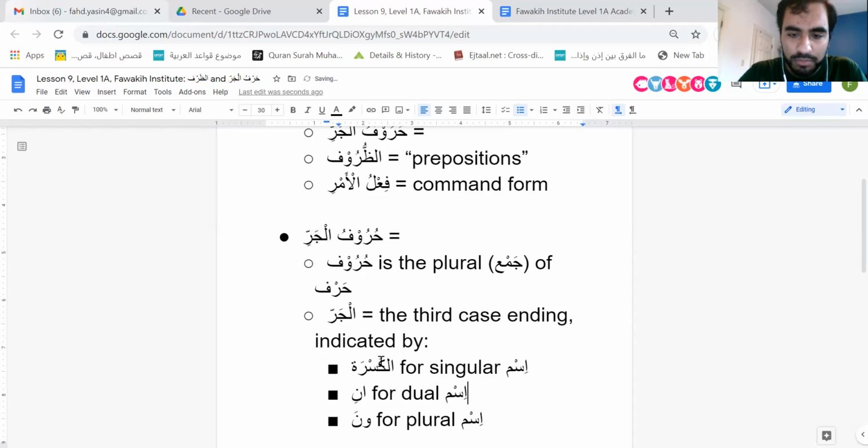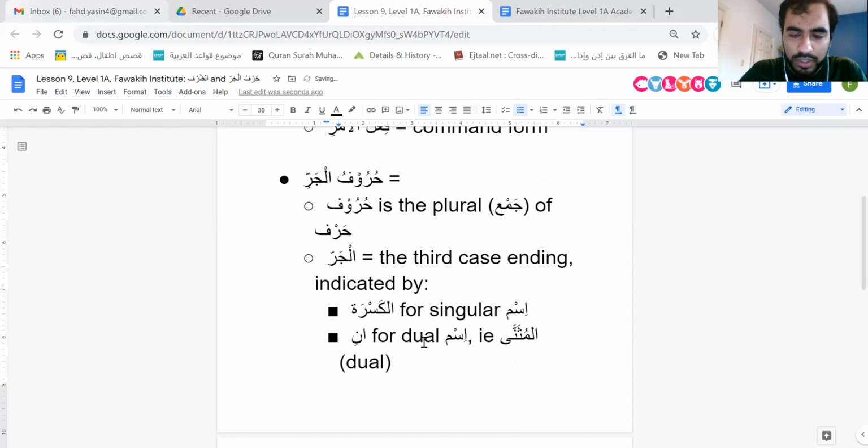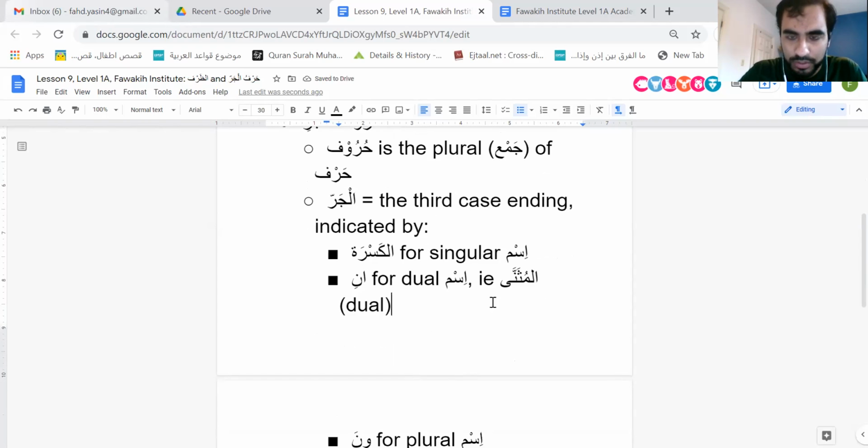Okay. And I'm going to put down here, i.e. al-muthanna. I'm not sure if you've been introduced to this term yet, but this is how they say dual. Al-muthanna means dual.